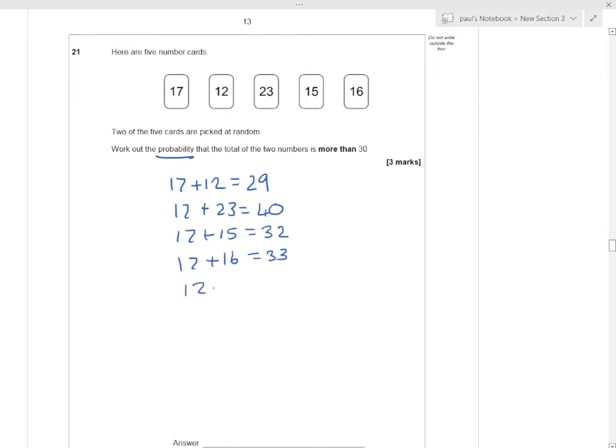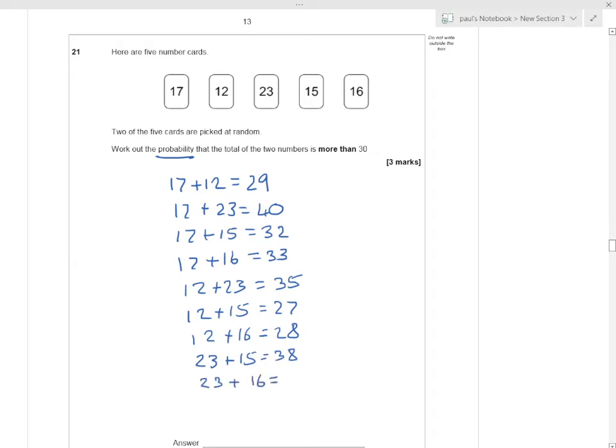Now we've got to do 12 plus 23 is 35. 12 plus 15 is 27. 12 plus 16 is 28. Now 23 plus 15 is 38. 23 plus 16 is 39.